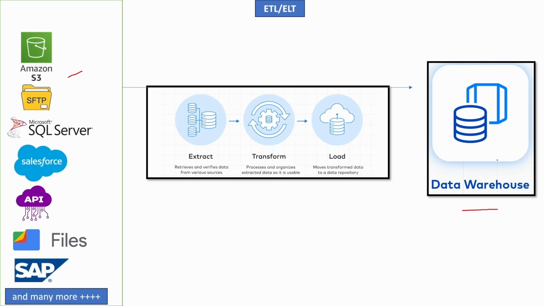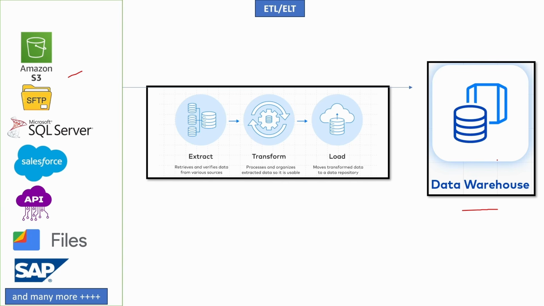Then we have transform. Transform is where the extracted data is cleaned and reformatted in a temporary staging area. And common tasks in the transform include data cleansing, data deduplication, standardization, or sometimes encryption. And third is load.